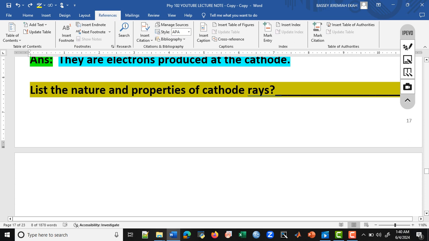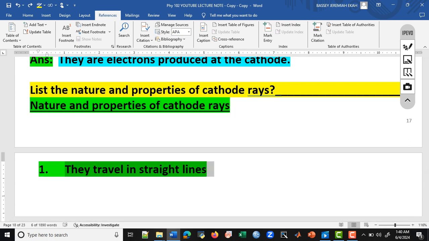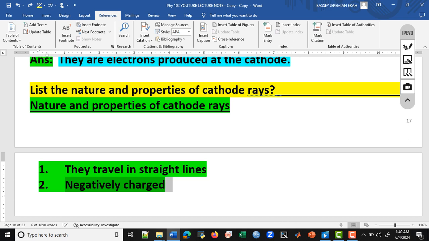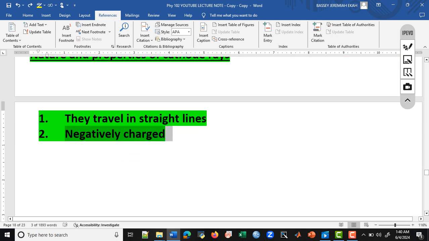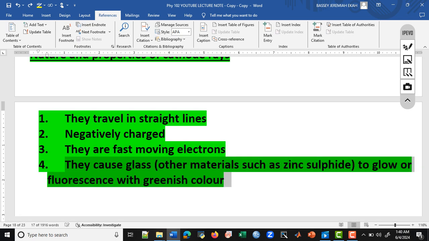Let's start from the first one. They travel in a straight line. They are negatively charged. They are fast-moving electrons. They cause glass or other materials such as zinc sulfide to glow or fluoresce with greenish color.